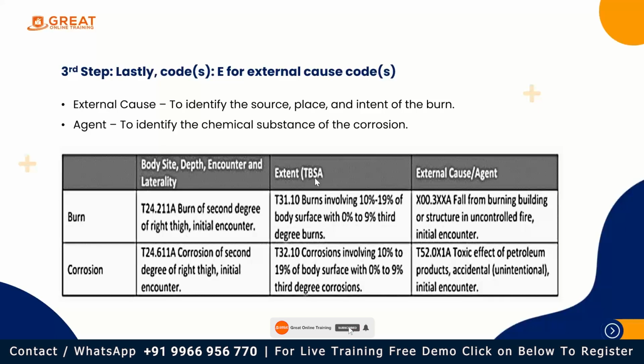After that, second step will be T31.10 burns involving 10 to 19% of body surface with 0 to 9% of third degree burns. Okay, and external cause X00.3XXA fall from burning building or structure in uncontrolled fire, initial encounter. So for this, we have to write 3 codes.